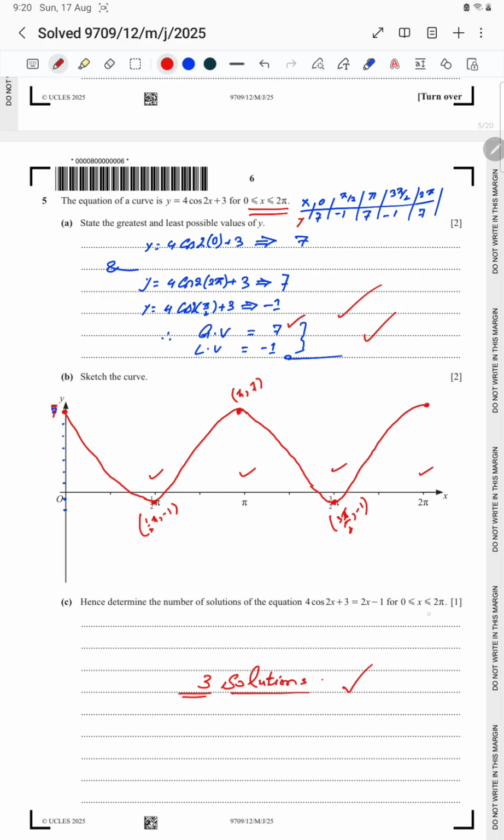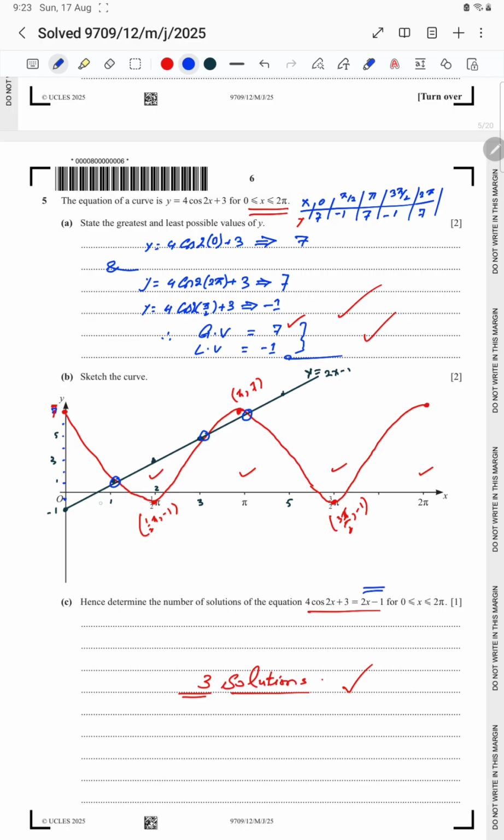And a 1 mark question, part C, hence determine the number of solutions of the equation. The same question, when it is equal to 2x minus 1. So here with the line we have 3. Once you draw 2x minus 1, you can see in part C the same curve has been intersected by the line 2x minus 1.